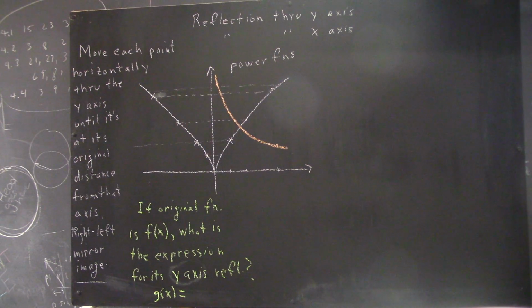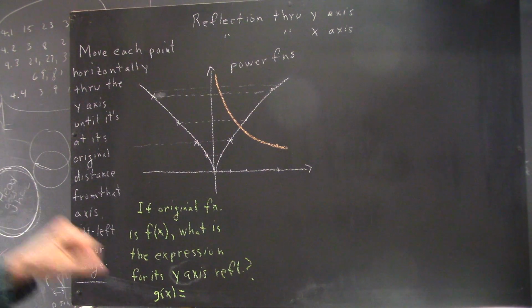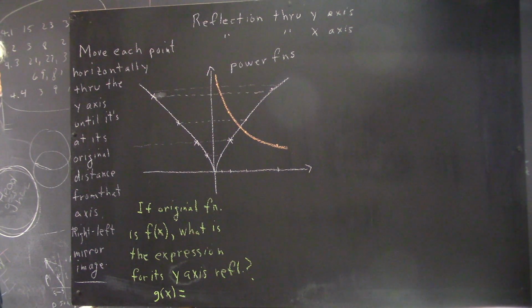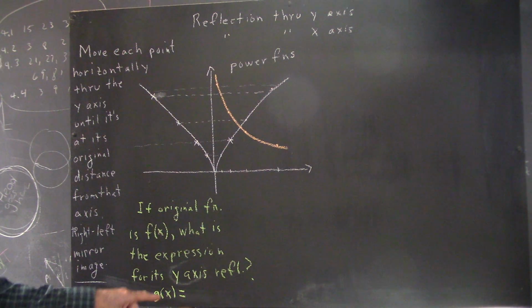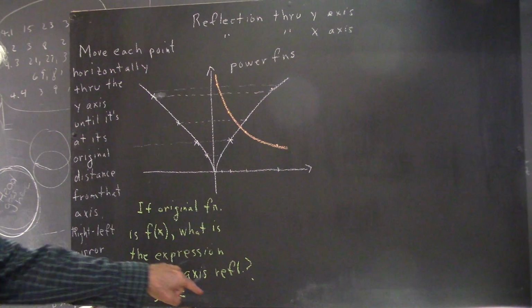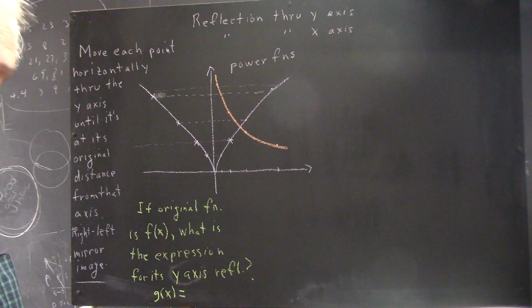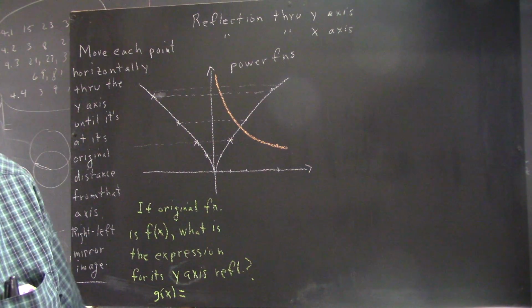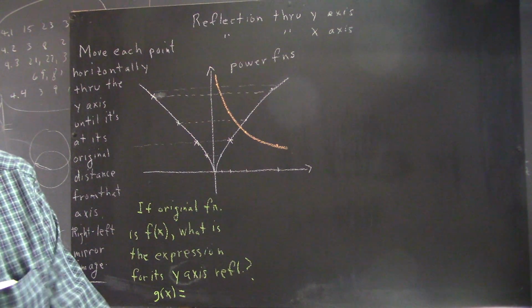Now we pose the question, if the original function is f of x, what's the expression for the reflected function g of x? g of x equals what? Now I'm going to reflect the other graph as well.